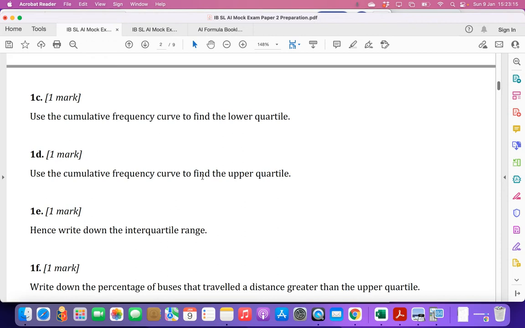Then D: use the cumulative frequency to find the upper quartile, Q3. I'm just going to do 3 times 7.5, so I'm using 22 and a half buses for the upper quartile.